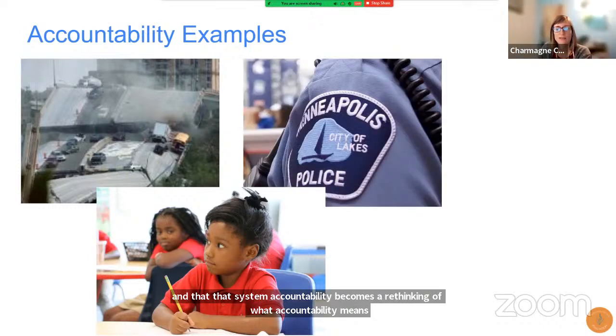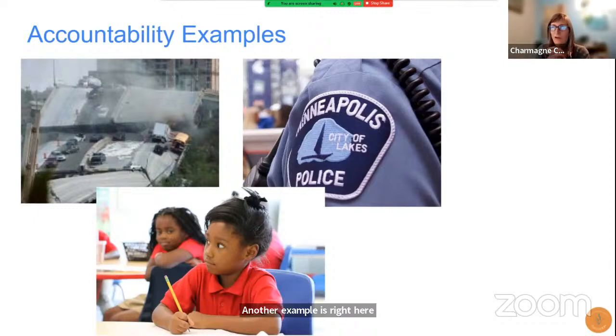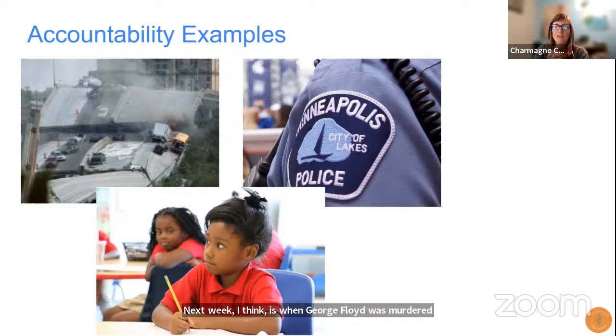Another example is right here in Minnesota. Almost 2 years ago next week, I think, is when George Floyd was murdered by Derek Chauvin, a police officer in Minneapolis. And after that happened, the Minnesota Department of Human Rights took on an investigation into the Minneapolis Police Department.